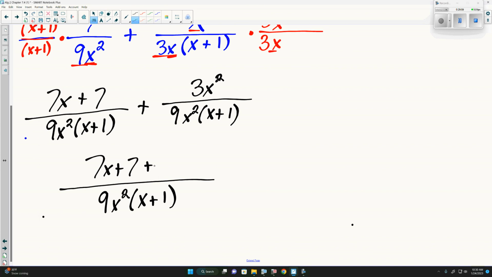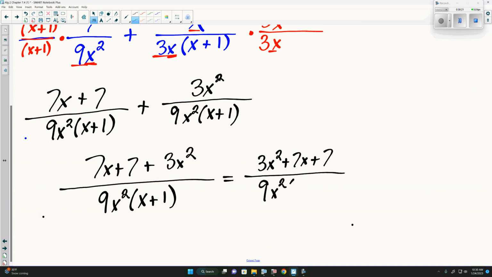Now, especially with subtraction, be careful because of our sign changes. Here, since we're adding, we're not going to have a sign change. So really we can say that we have 3x squared plus 7x plus 7 over 9x squared times x plus 1. Questions on this here?